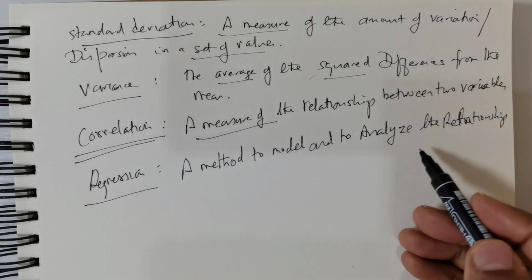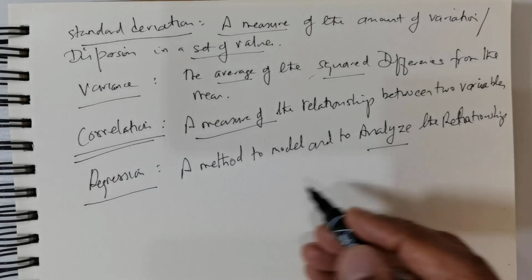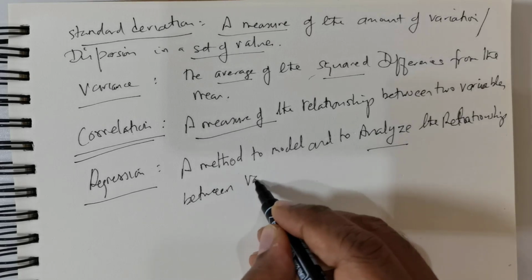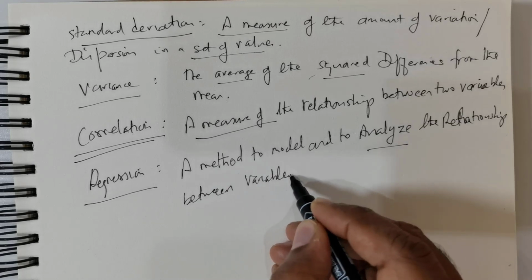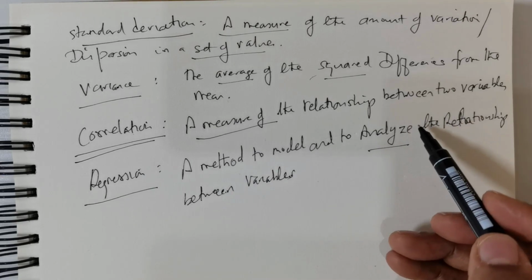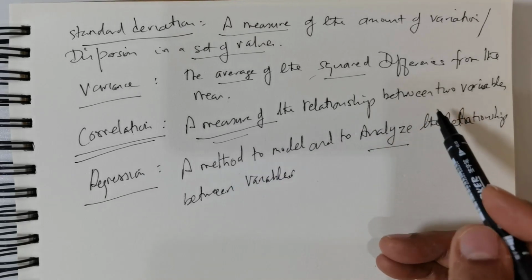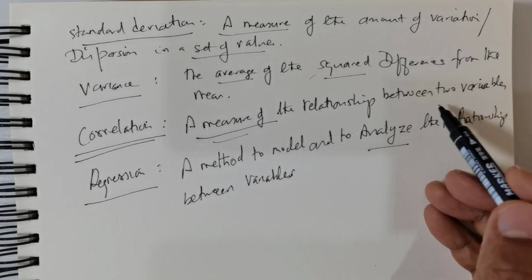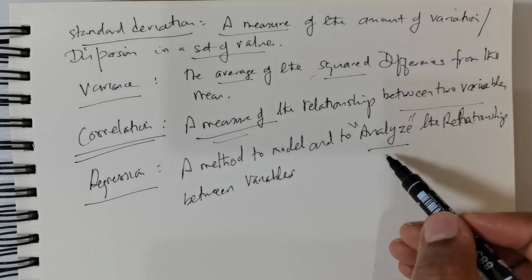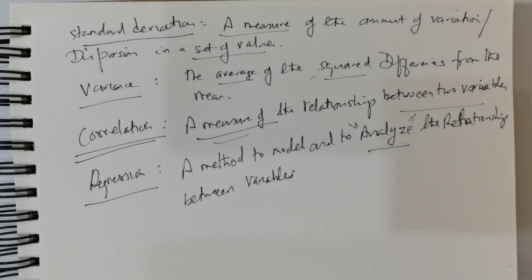So in this case we are actually analyzing the relationship between variables. In the case of correlation we are only giving a measure for the relationship between variables. In this case we are going further to analyze the relationship between variables.